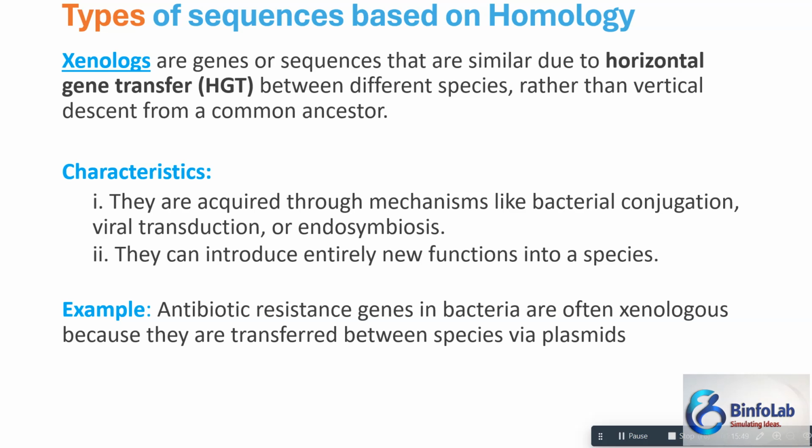The gene which was initially identified in 2009 was later shifted to other species; it was even identified in non-pathogenic E. coli. So how did it go from a pathogenic species, let's say Klebsiella pneumoniae, to E. coli? It's because of horizontal gene transfer.